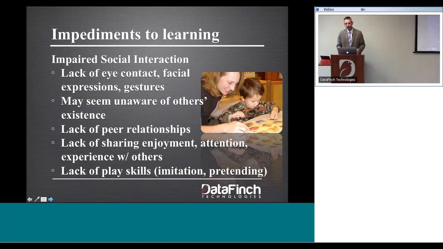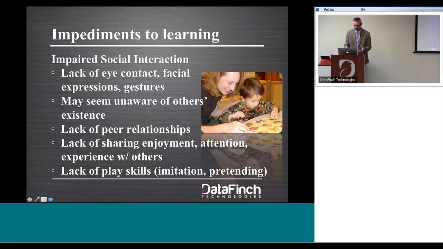So if you have someone with autism who has difficulty with the first three things there, and they also have severe language deficits, that presents as though that person is unaware of the existence of others. And this, of course, is quite troubling among parents in particular. Many people with autism also lack peer relationships.